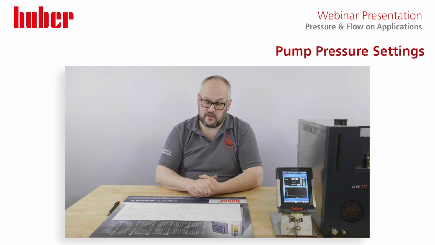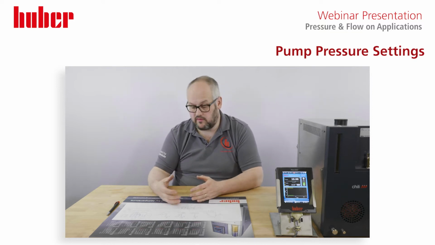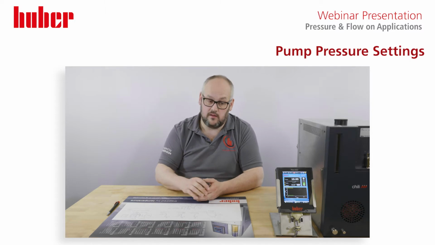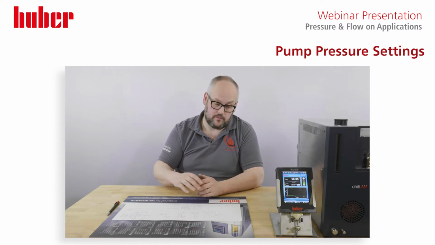If we go back and pick pump control mode pressure, we can select half a bar, say for a glass reactor, as our pressure setting, and the pump won't go above half a bar. It'll modulate its RPM or speed to hit that value.